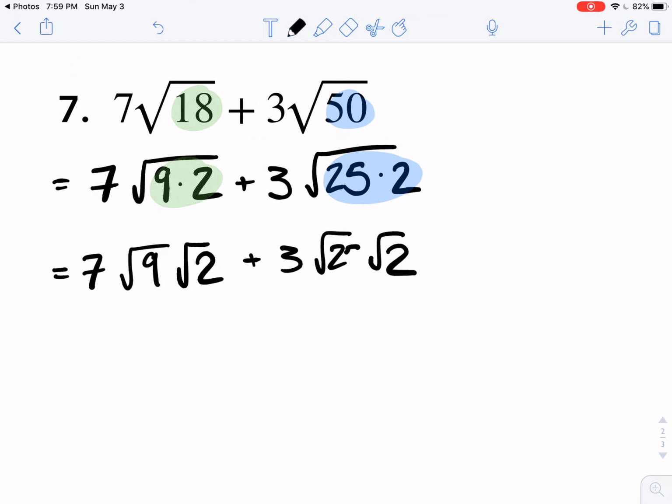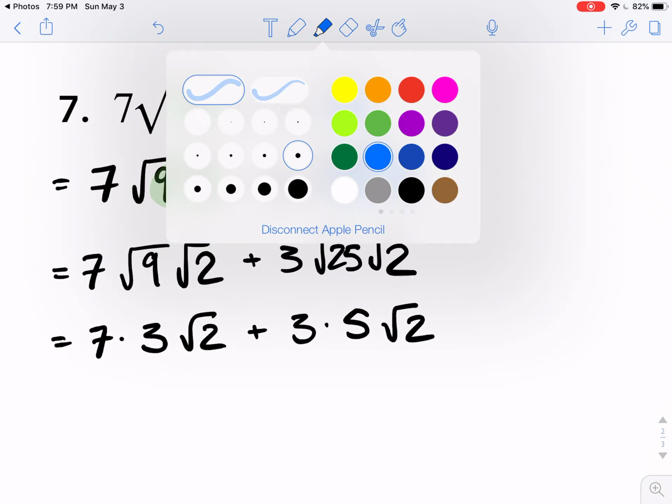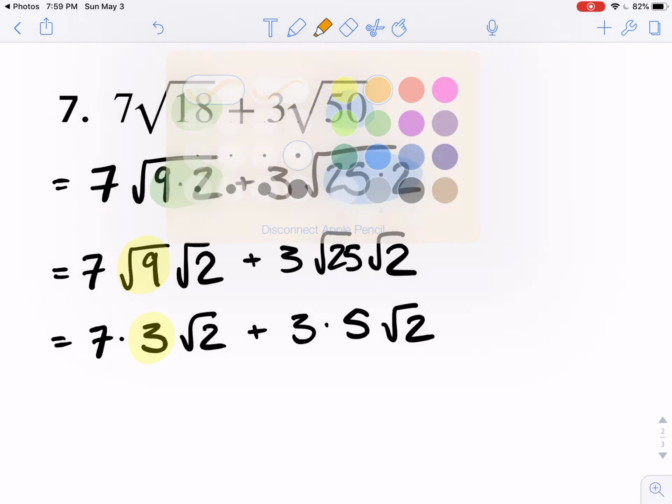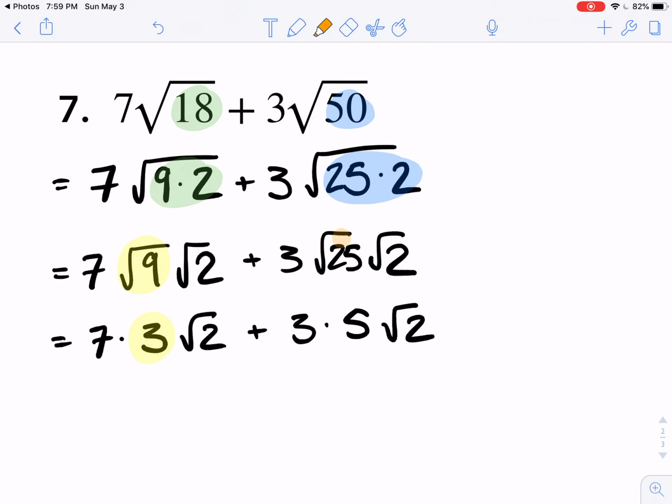So now that we broke those up, we can simplify these two radicals because the square root of 9 is 3 and the square root of 25 is 5. So that gives us 7 times 3 times the square root of 2 plus 3 times 5 times the square root of 2. Again, we factored 18 into 9 times 2 because 9 has a square root of 3. And we factored 50 into 25 times 2 because the square root of 25 is 5.